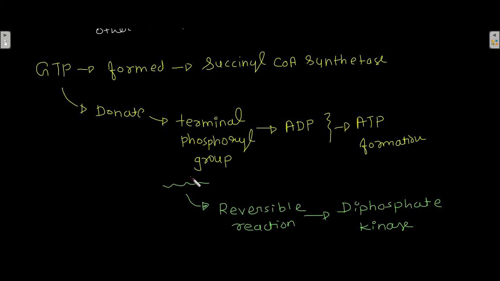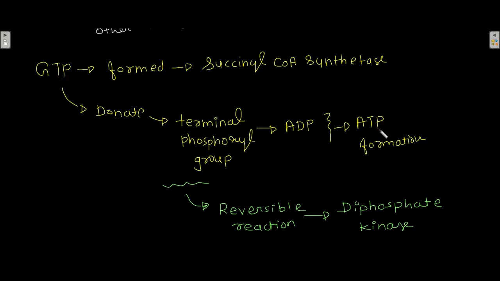Now the GTP formed by the succinyl coenzyme A synthetase can donate its terminal phosphoryl group to ADP, and this can cause the ATP formation. This is possible by a reversible reaction catalyzed by diphosphate kinase. So diphosphate kinase is the enzyme that converts the GTP into ATP.